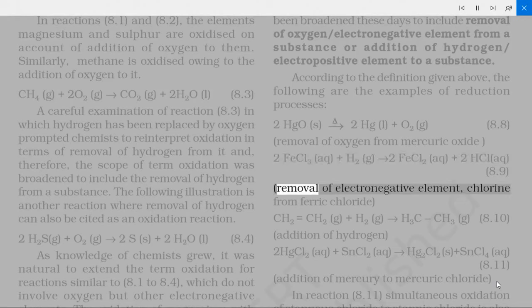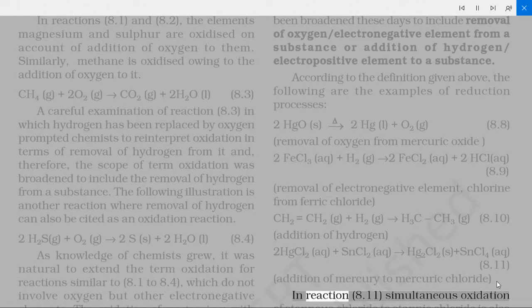(8.9), removal of electronegative element chlorine from ferric chloride; CH2=CH2(g) + H2(g) → H3C–CH3(g) (8.10), addition of hydrogen; 2HgCl2(aq) + SnCl2(aq) → Hg2Cl2(s) + SnCl4(aq) (8.11), addition of mercury to mercuric chloride.